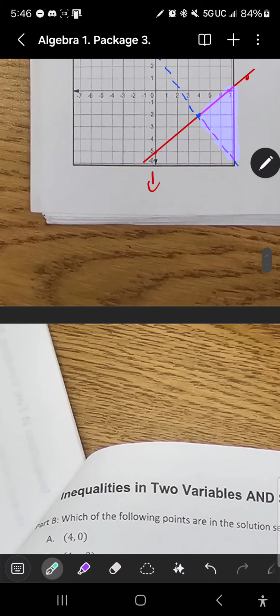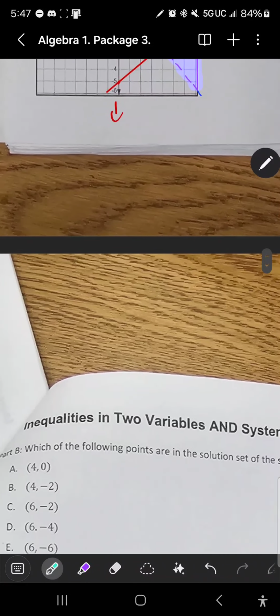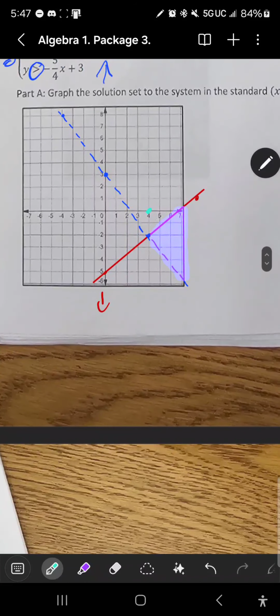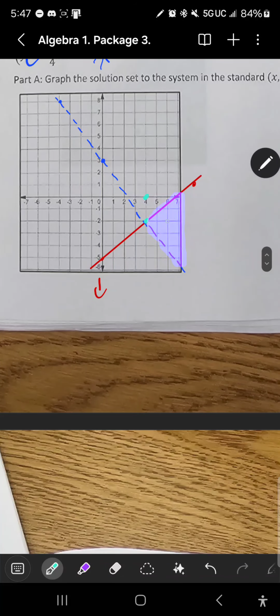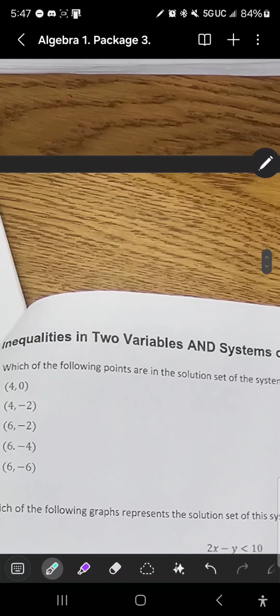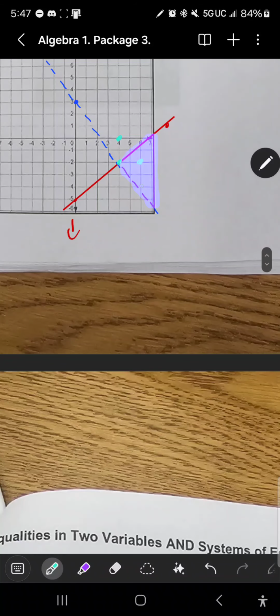So I say 4, 0. 4, 0 is here. Then 4, negative 2 is here. 6, negative 2 here. 6, negative 4 is here.